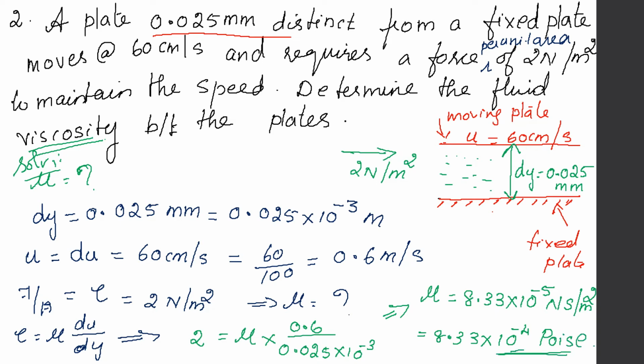Because of the relationship between Newton second per meter square and poise. Sorry, 1 Newton second per meter square is equal to 10 poise.